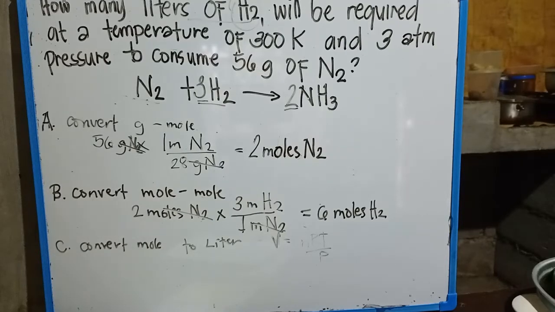Wait, let's make it clear: V equals nRT over P. So, volume is equal to n, which is the mole of hydrogen gas, times R, the ideal gas constant, and our temperature over our pressure.